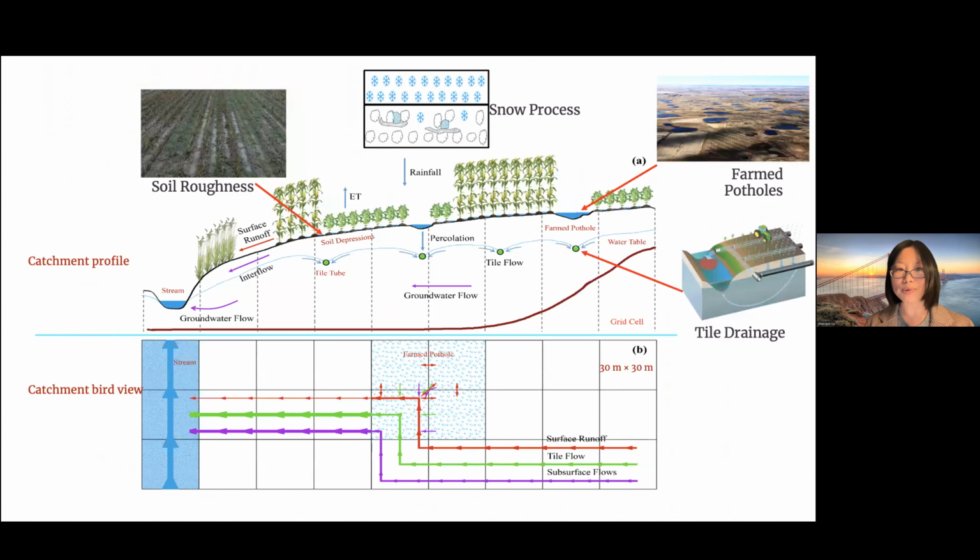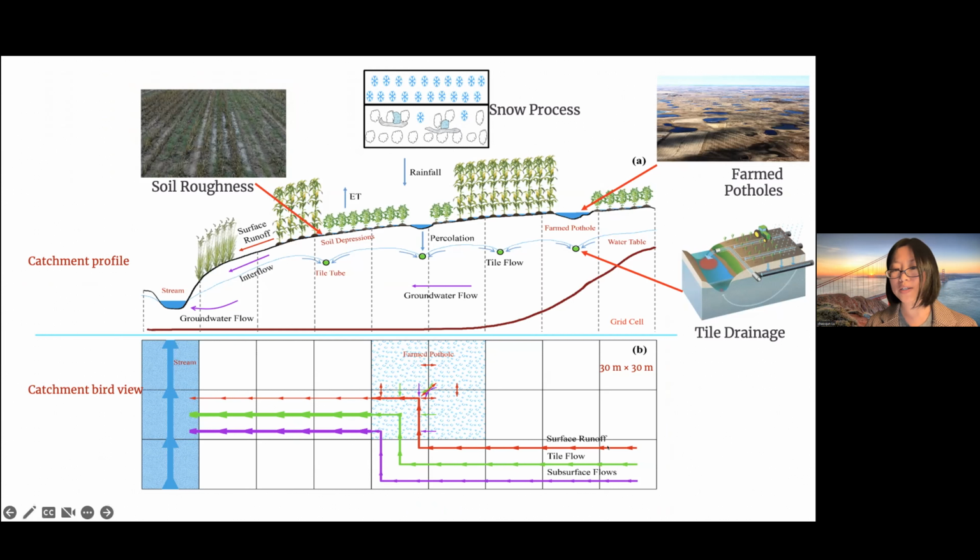So first of all, we improved model representation for the hydrological process and the nitrogen transformation process associated with the soil roughness, snow process, pothole, and tile drainage. And so here is a bird's-eye view of a conceptual catchment. You can see in the lower panel, each box is a 30 meter by 30 meter grid cell. And we have croplands and other land cover types within them. The water from each grid cell is allowed to move in 8 directions to its neighboring grid cells.